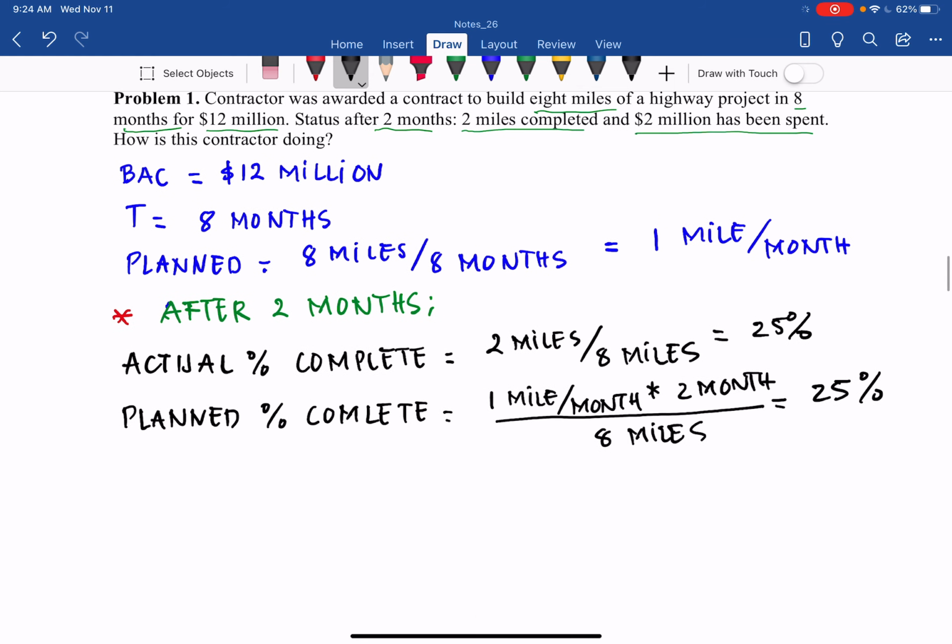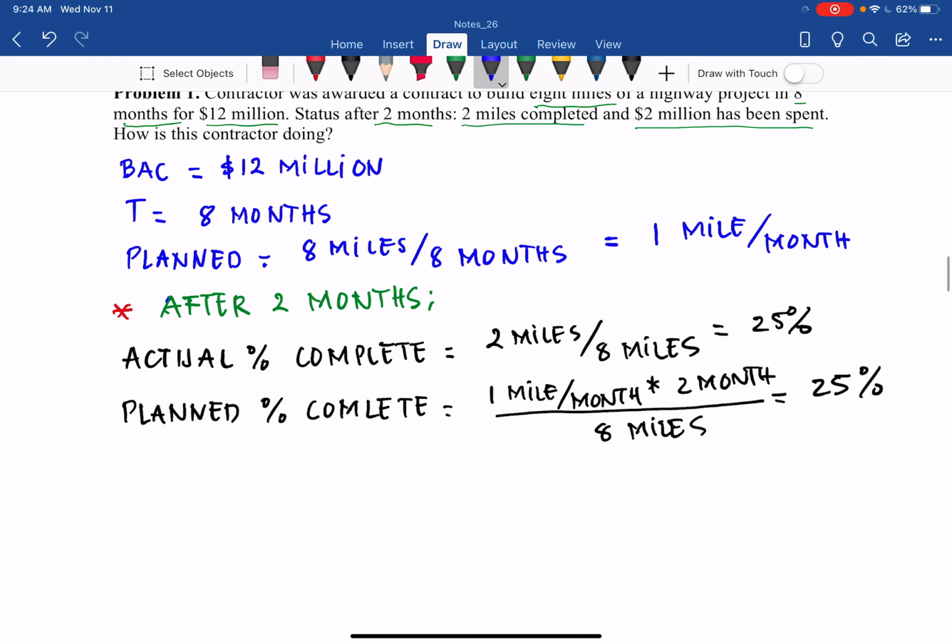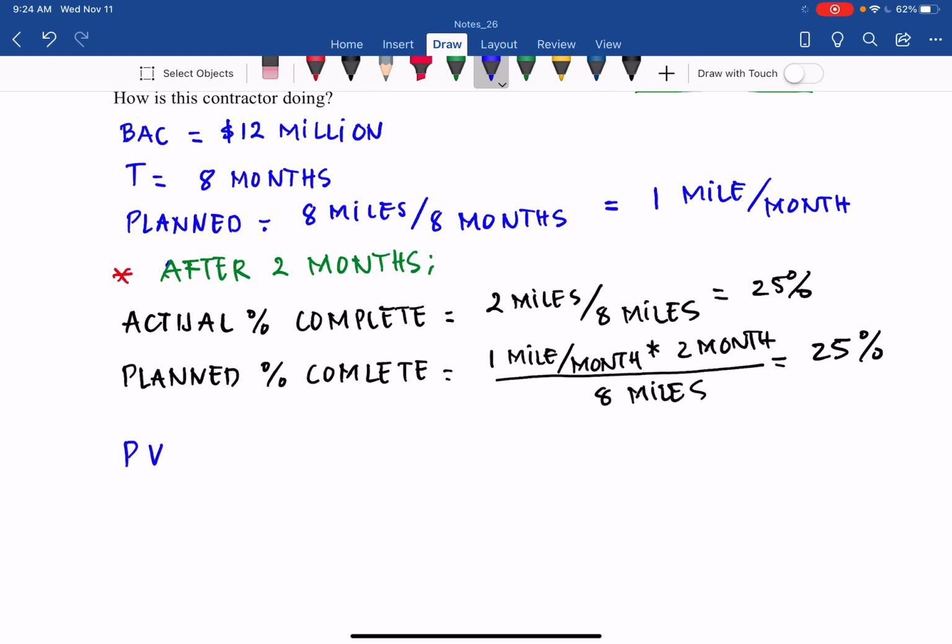From that, we can determine the planned value. After 2 months, I call that planned value 2, PV2. It will be equal to the planned percent times the total budget, because the work is planned and the cost is planned.